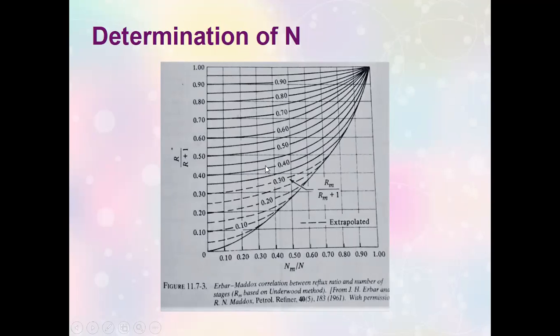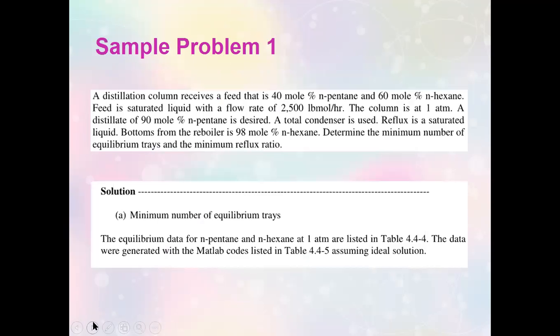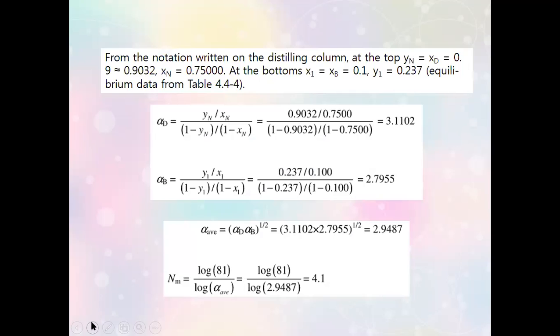Okay, so in just one particular problem, the things that are very, very important in solving are the feed plate location, number of stages, and all those things you already know. This one will just follow if you already have the theoretical number of stages, because this is just a ratio. Once you have the n, the sum of this will be the n, and everything will just be very easy. You can get already the number of stages for each section of your distilling column.